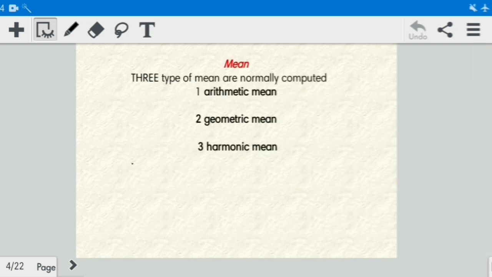Mean. Mean is the average of a set of data. There are three types of mean: arithmetic mean, geometric mean and harmonic mean.